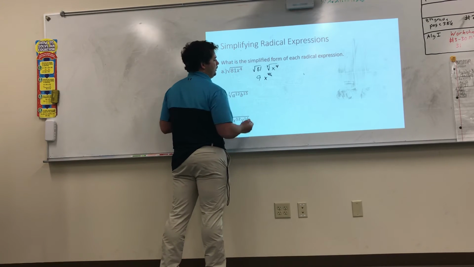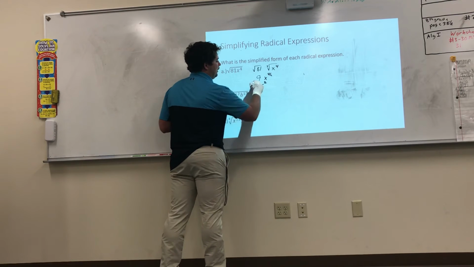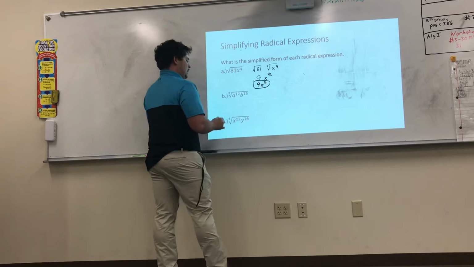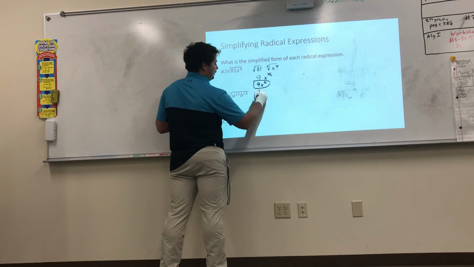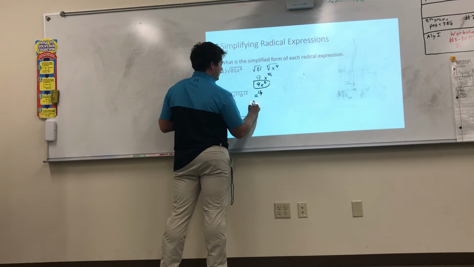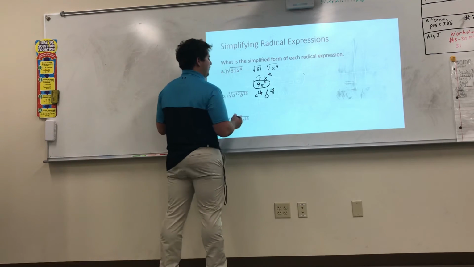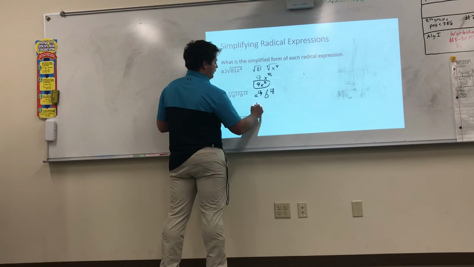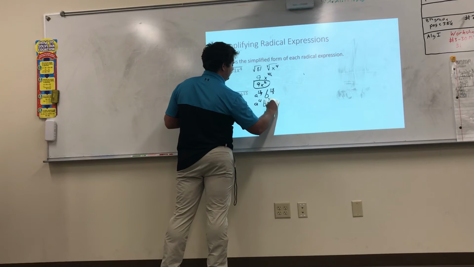Well, if we reduce our fraction, we're going to end up with 9x to the 2nd. That is our answer. So I'm going to do the same thing here. I'm going to have a, and that's going to be 12 over 3. And I'm going to have b, which is 15 over 3. And when we divide, we get a to the 4th, b to the 5th.